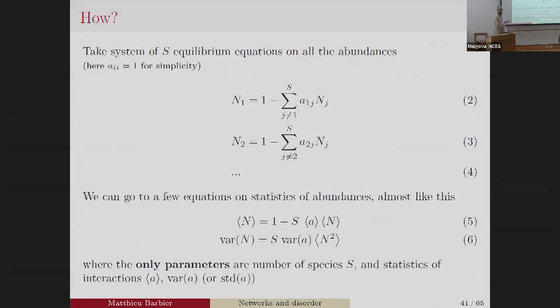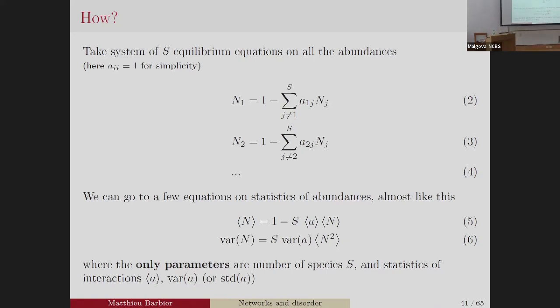As you may have seen with Stefano last week, the only way to have those numbers be of order 1 is if the average of A is like 1 over S, and the variance of A is like 1 over S. So for those things to remain sane numbers, if I want many species to be able to coexist, I need their interactions to be on average and in variance kind of small. This is important for the last step.